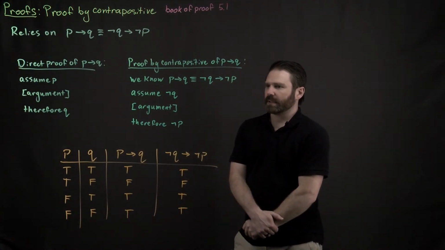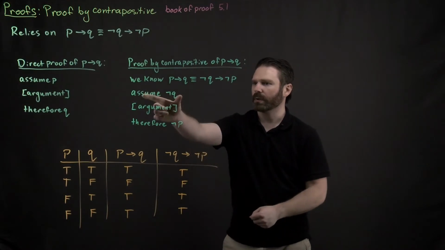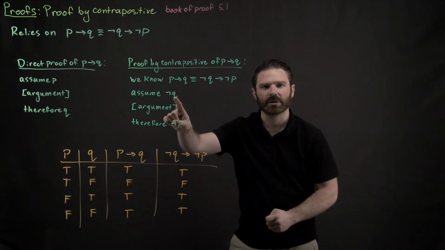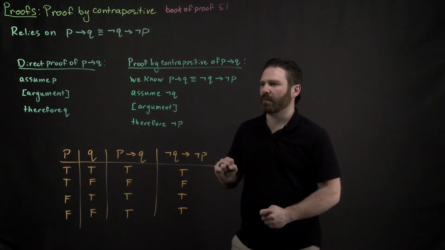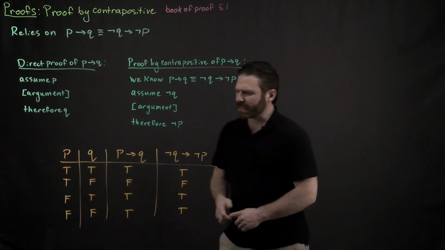And let's go ahead and see how this works. So we are assuming not Q. So we are basically assuming that Q is false. So if we assume Q is false, why does that work?